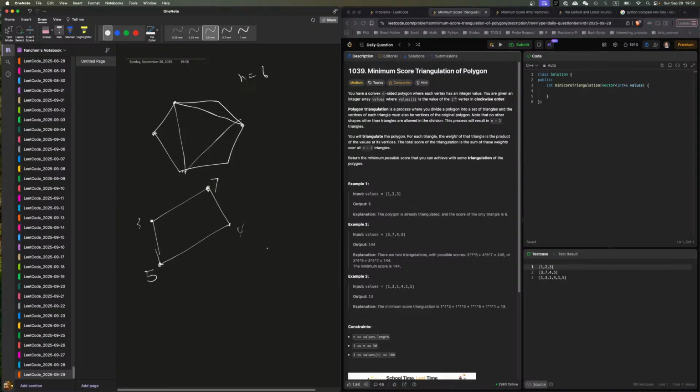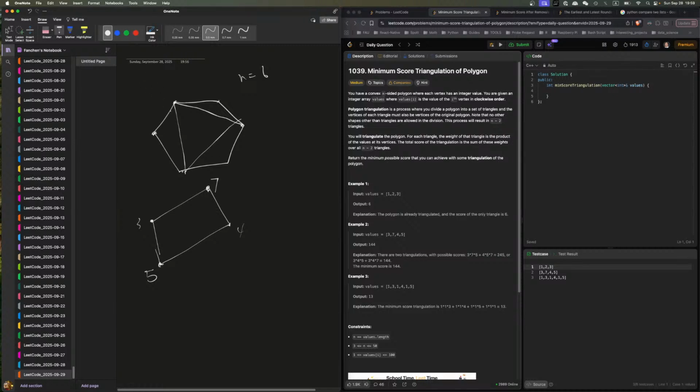That made me feel like this is a brute force problem again, because n equals 50. Let's suppose it is brute force. How would you brute force this? So you have a list. I mean, there are different ways to get this triangulation.